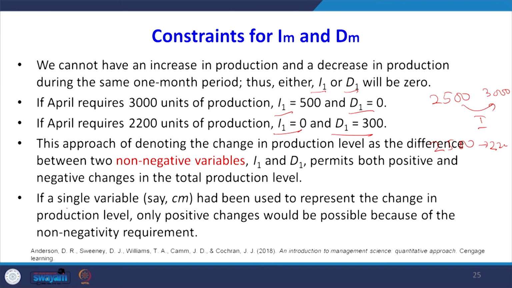If a single variable had been used to represent the change in production level, only positive changes would be possible because of the non-negativity requirement. The negative changes cannot be represented. That is why the change is represented by two variables, I1 and D1. The advantage is we can represent positive increment values and decrement values.